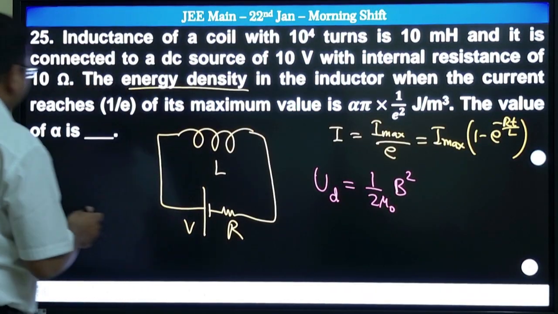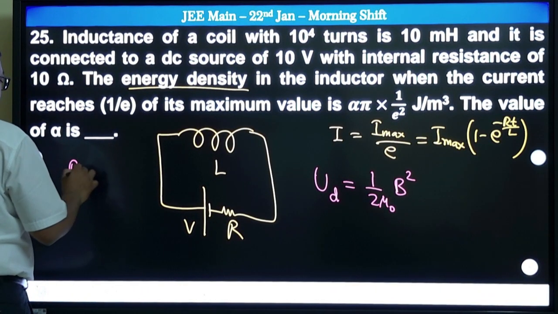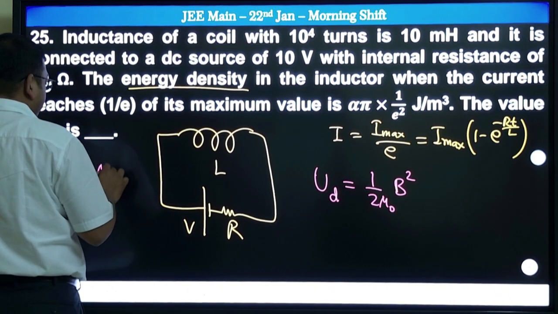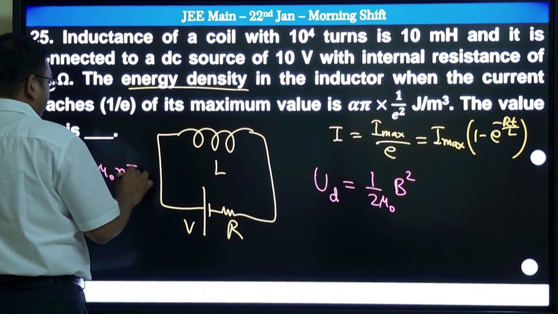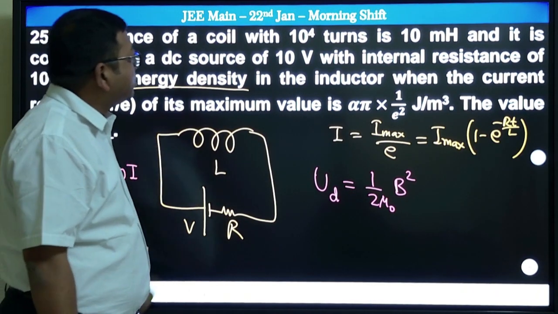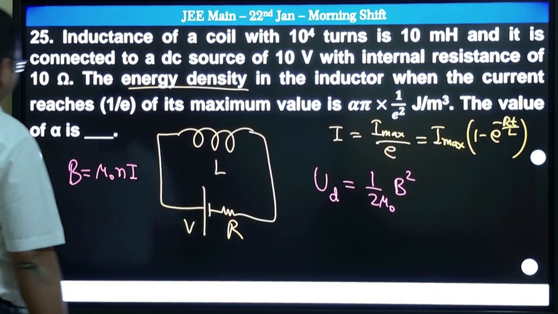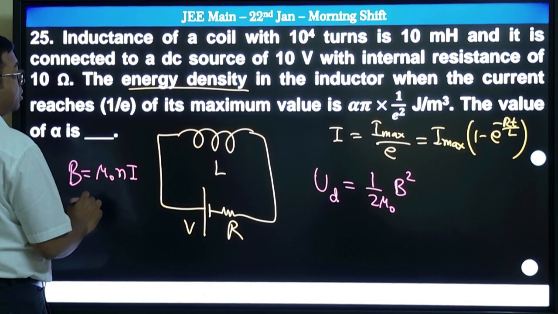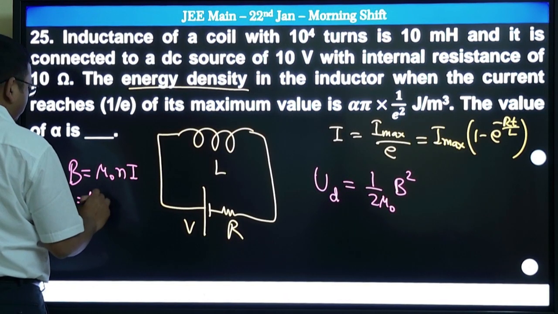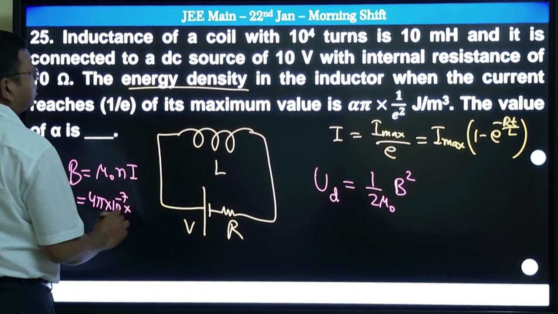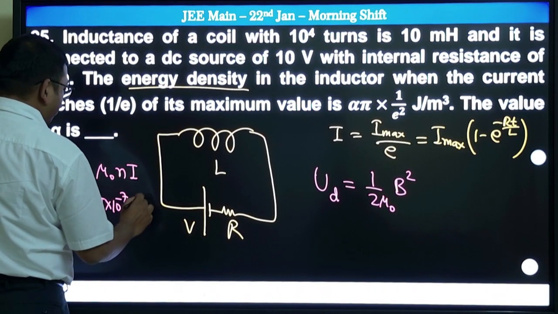And what is the magnetic field in the inductor? An inductor can be considered like a solenoid. So B is mu naught n i, and n should be taken as number of turns per unit length, correct. Then we can calculate that. Mu naught we should know is 4 pi into 10 to the power minus 7. Number of turns per unit length is 10 to the power 4.